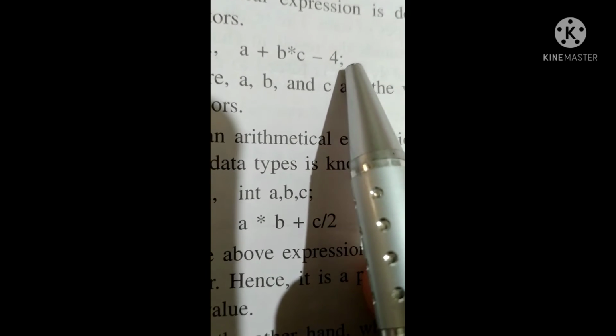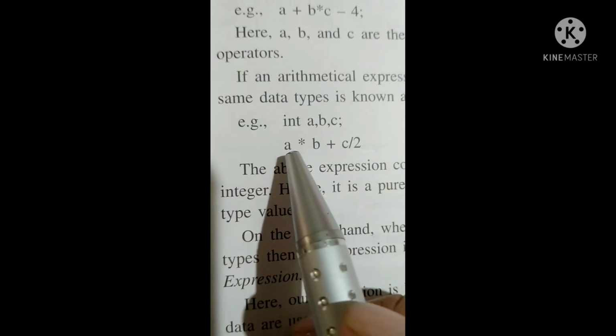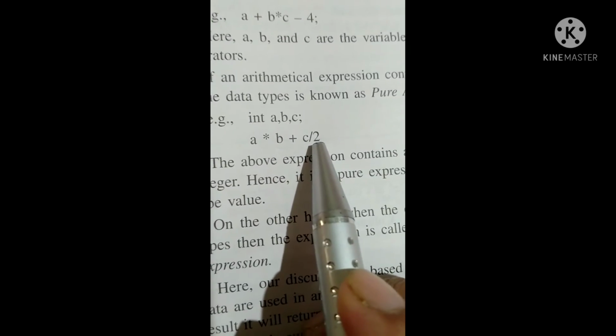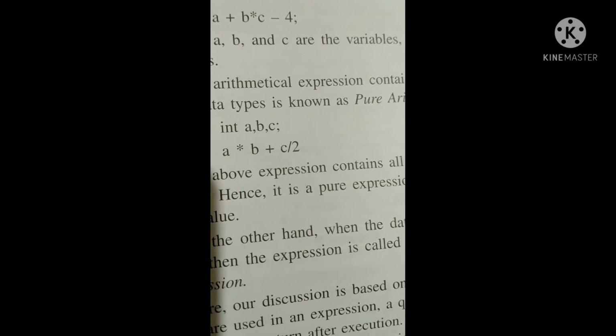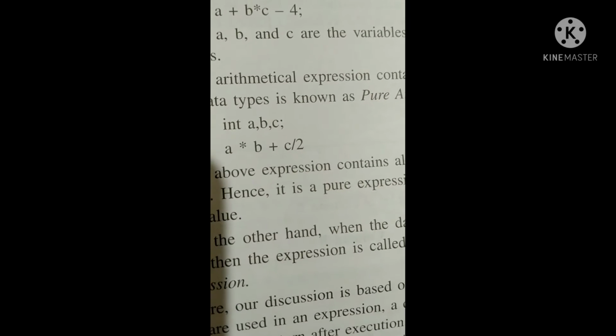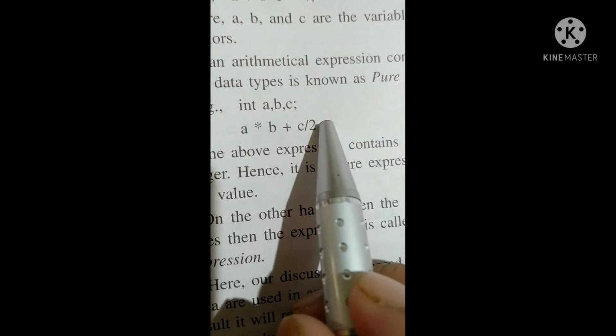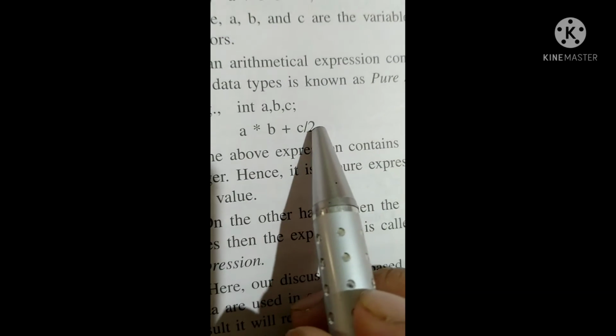Okay, but in the second example, A into B plus C divided by 2, when we divide C by 2, then the value may come in a decimal point. So this is an impure expression. Why? Because here 2.0 should be given, it is not given as 2.0.